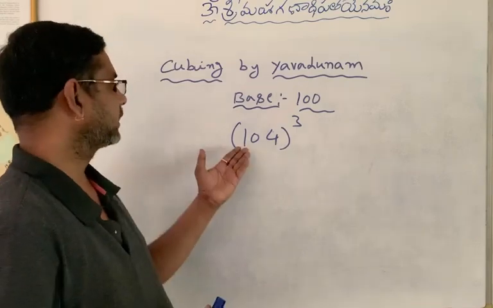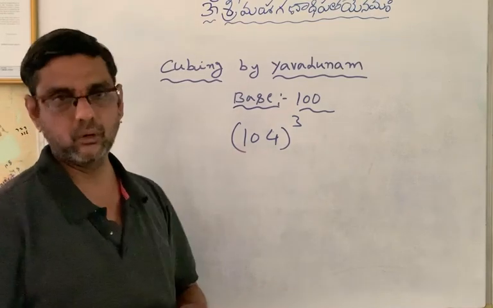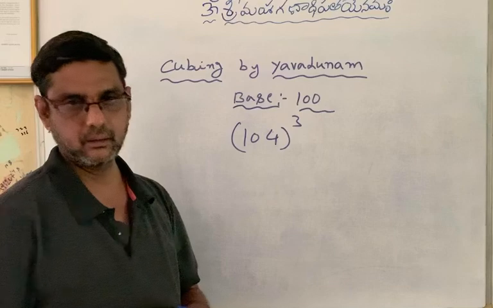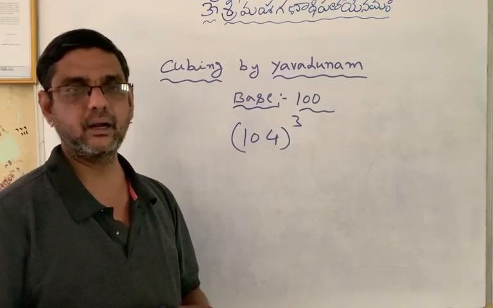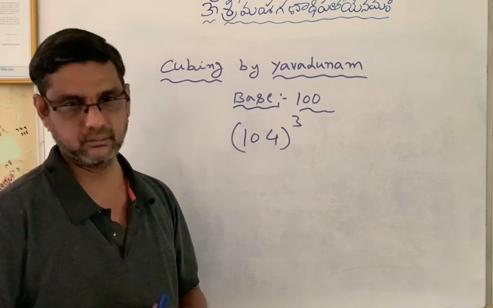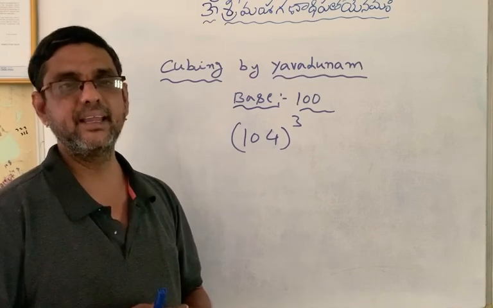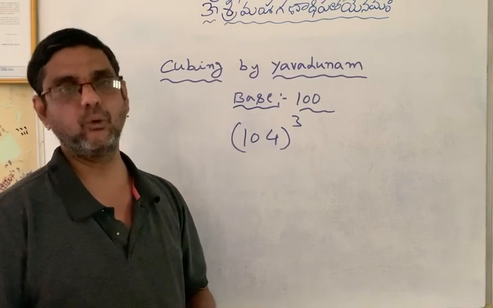Consider an example, 104 whole cube. The number 104 is near to 100 and it is more than 100. So here the deviation is plus 4.